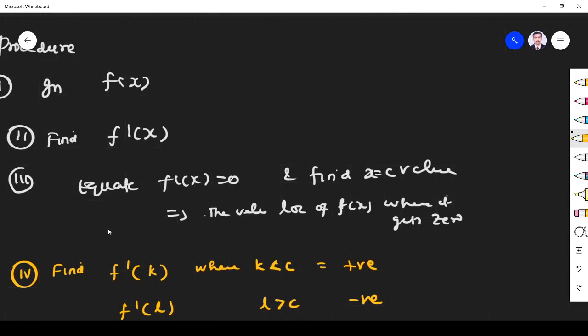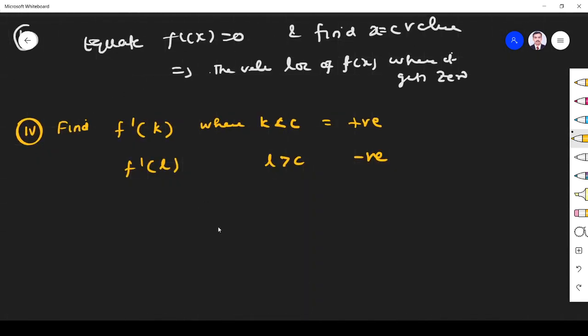We know that f dash of x is equal to 0 where x is equal to C. When some value k is less than c, on this side the slope is positive. So f dash of k is having positive slope.